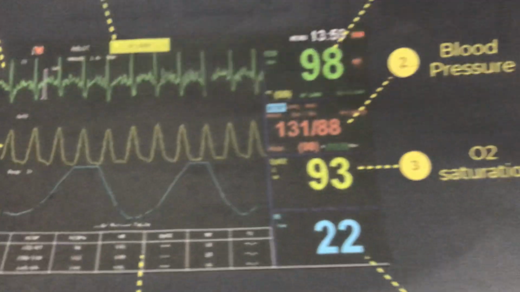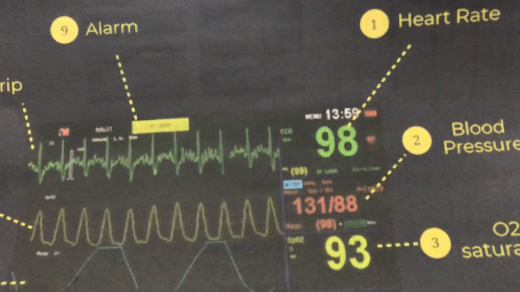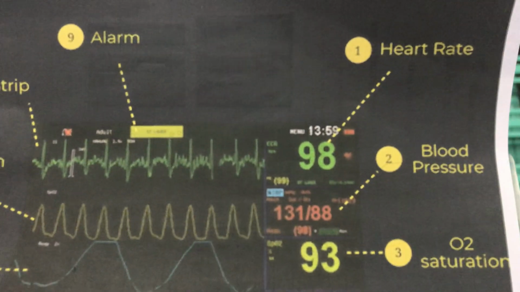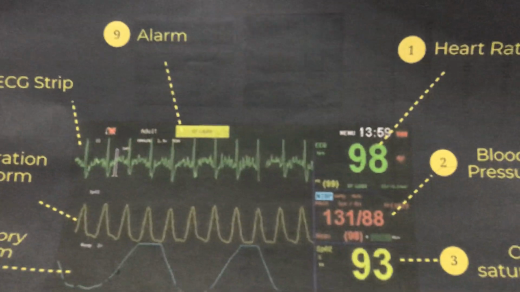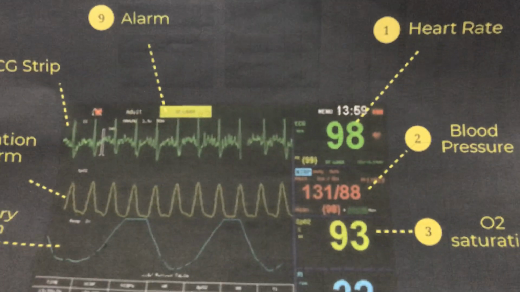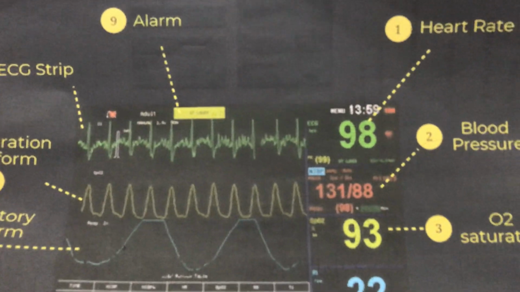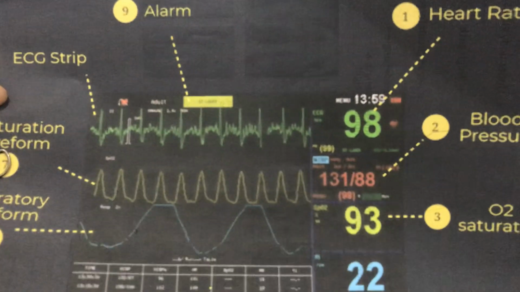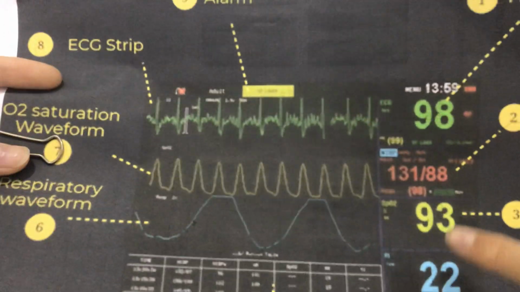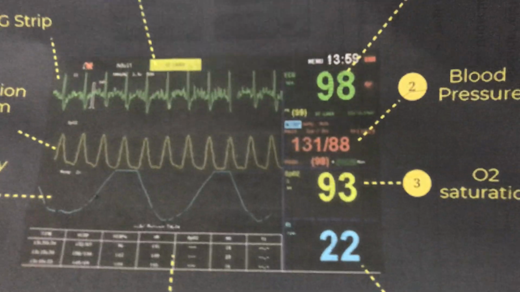This is O2 saturation, which means oxygen saturation, and it is measured via a pulse oximeter. This percentage indicates the amount of oxygen the blood is carrying, typically 95% or higher in normal adults. As you can see, this is 93.